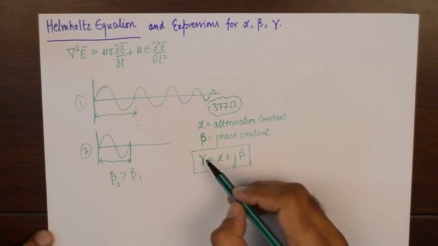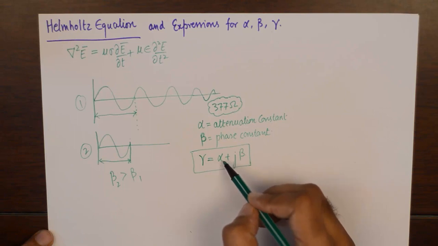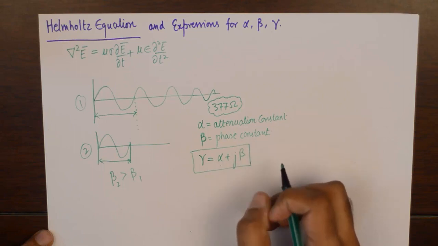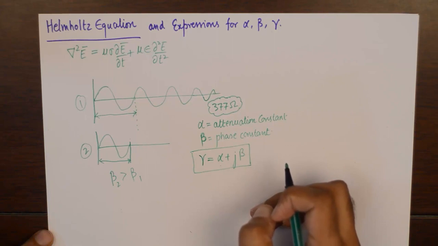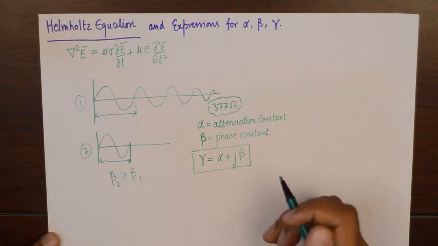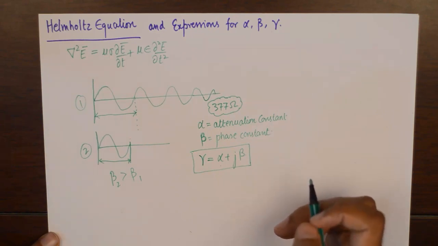And in order to derive mathematical expressions for alpha and beta for any wave equation, we take help of Helmholtz equation. So it is essential to derive Helmholtz equation first and then extract alpha and beta from that Helmholtz equation.